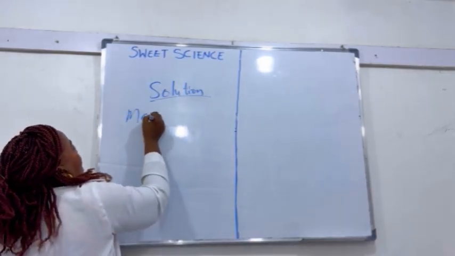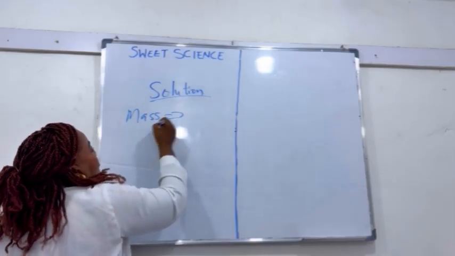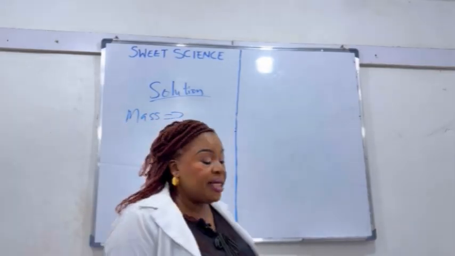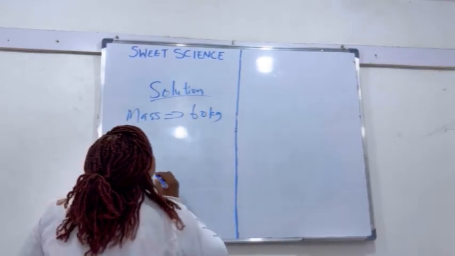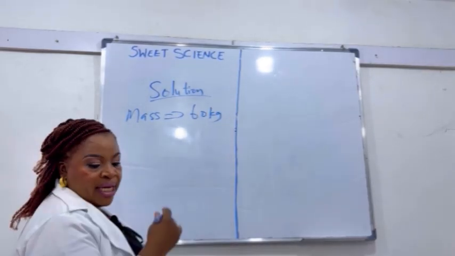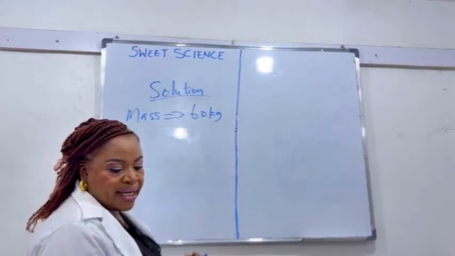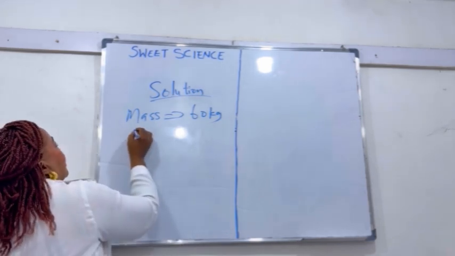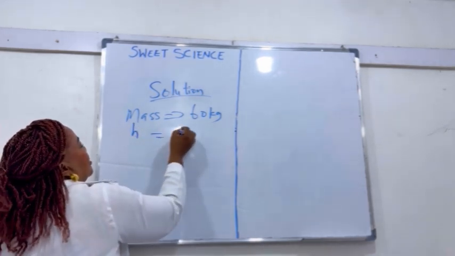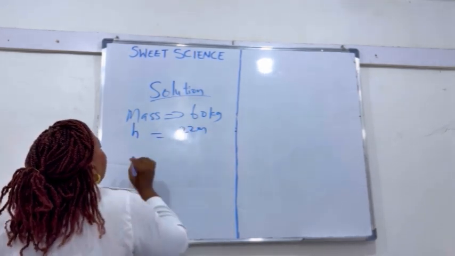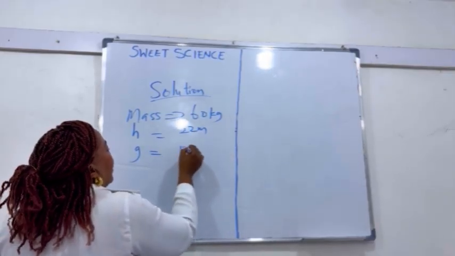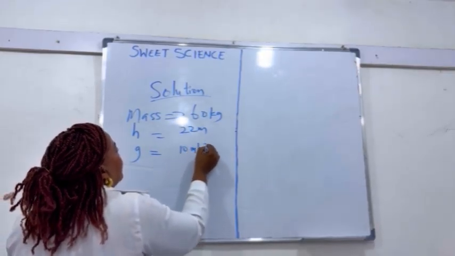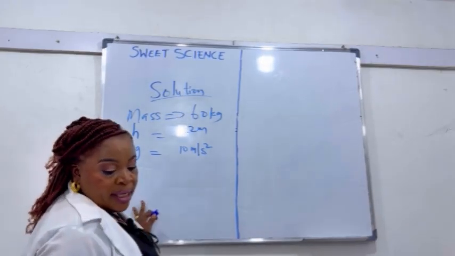The man's mass is 60 kilogram. We now have the height, H is 22 meters, and we are asked to take g to be 10 meter per second squared.